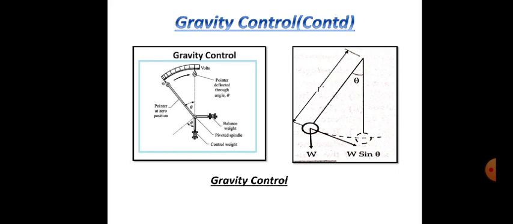One is the cos component and the other is the sine component. Now we can see that the sine component is that component which is trying to restore the pointer to its initial position. So we can say that the controlling torque is proportional to the sine of the angle of deflection from this.